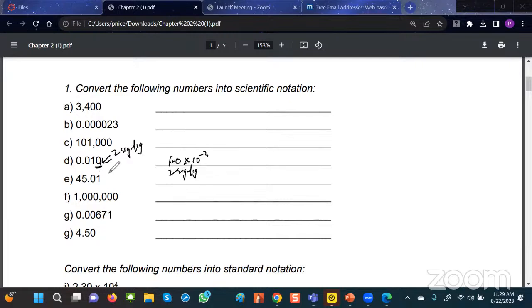In other words, this 0 here must also be included in the number expressed in scientific notation. So whenever you're changing from scientific notation to standard or vice versa, the number of sig figs must be the same. All right. And I think we had a similar situation with this one. Well, this one is simply 4.50 times 10 to the 0.